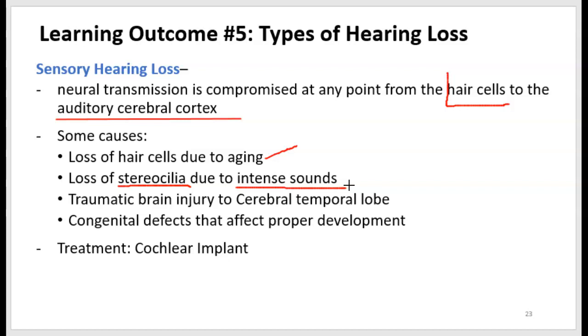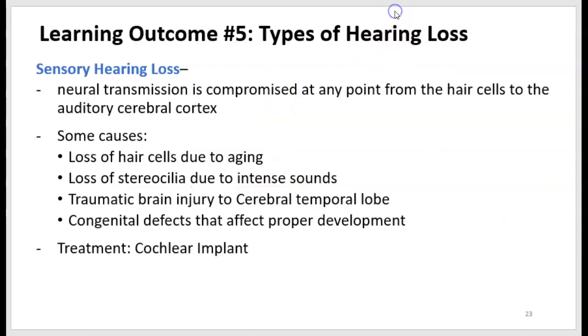That would be categorized as sensory hearing loss because the hair cells won't function properly. Of course, anything that causes damage to the temporal lobe of the cerebrum, like a traumatic brain injury, a concussion, maybe a surgical intervention for epilepsy, anything like that could also cause sensory hearing loss.